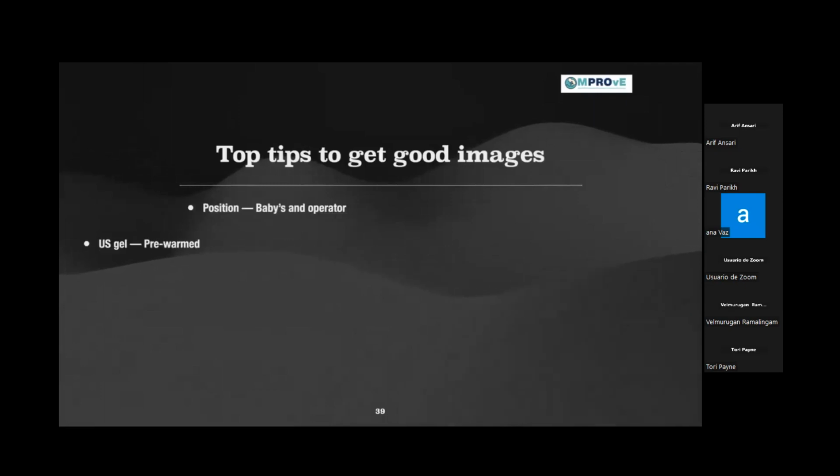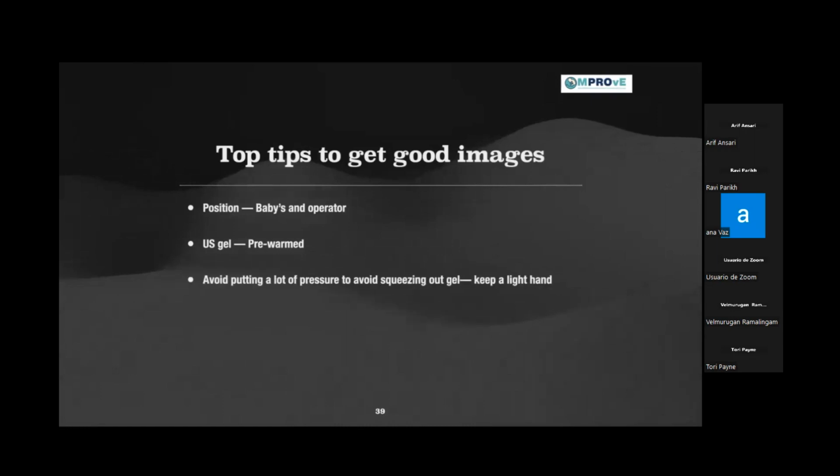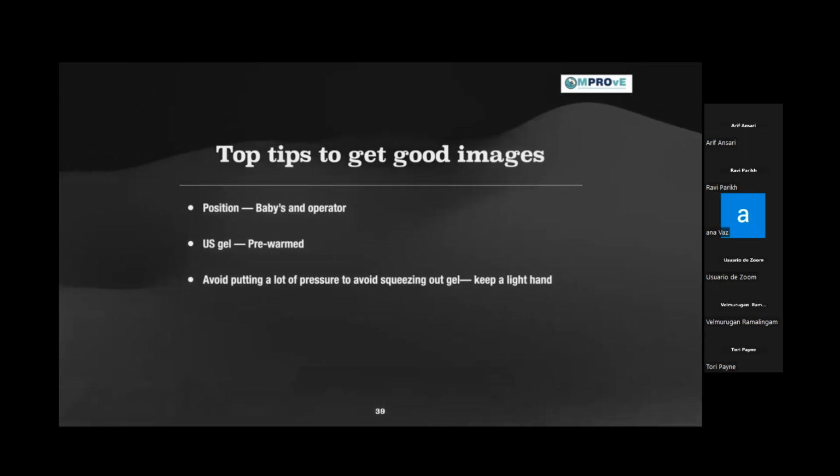Top tips to get good images. I'm not going to spend too much time here. The baby's position is very important, and we will talk more about it when dealing with RDS. Some units like to keep babies supine. Some units, as soon as the baby is put in an incubator, put them in a prone position.